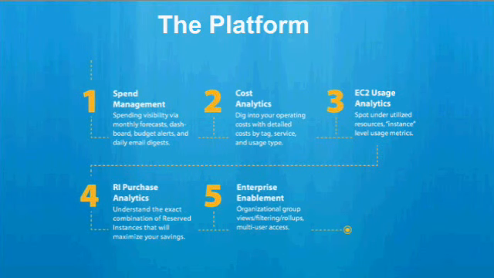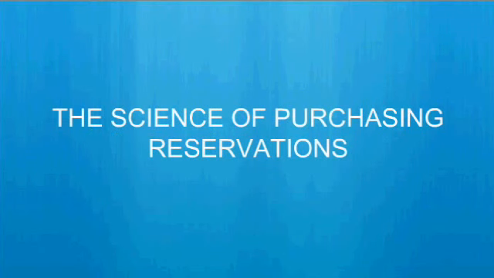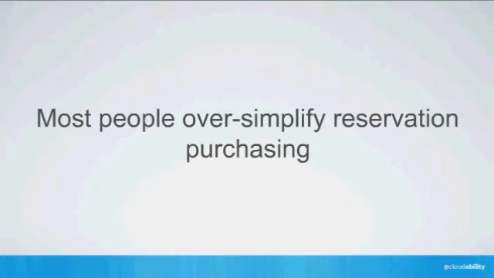What I want to do, though, is really dig into the science of purchasing reserved instances and look at the types of trends we see of how people are currently buying RIs, and then lay out the methodology that we use for how people should be buying RIs. The biggest observation that we've made from looking at all of our customers is that most people are oversimplifying reservation purchasing.